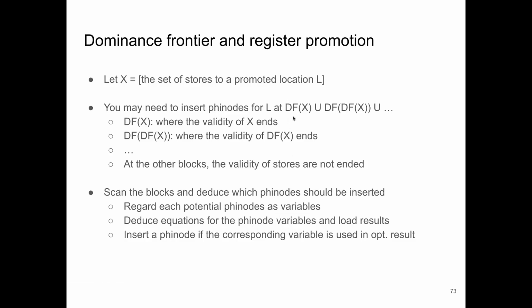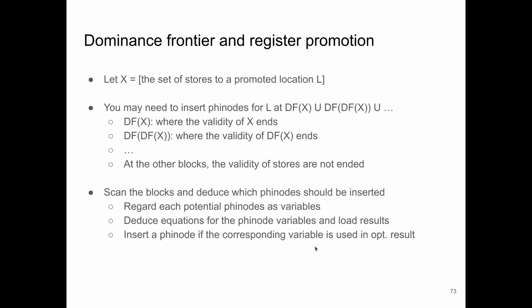So you may need to insert a phi node for a location L at, for example, Y, which is inside this dominance frontier of X. You can represent this as a variable. This is a phi node that is potentially a thing we need to insert for location L at the beginning of Y. So let's say this is P, L, comma, Y.